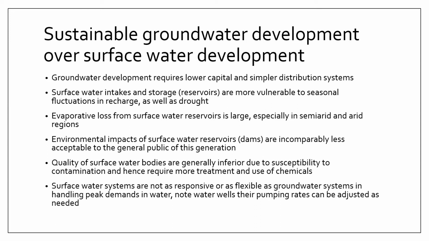Fifth point is that by the nature of subsurface waters, or the groundwater, which typically passes through your soil or your media, you normally get natural filtration of water in your groundwater. And in terms of quality, groundwater typically has a better quality compared to surface waters.